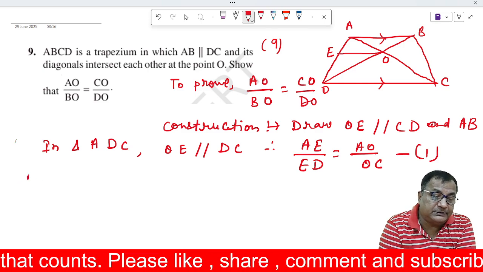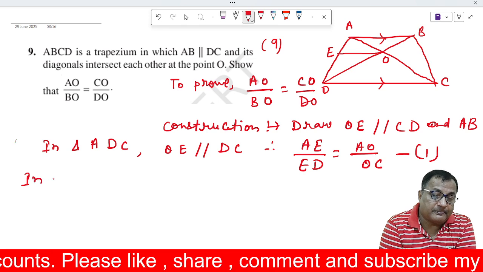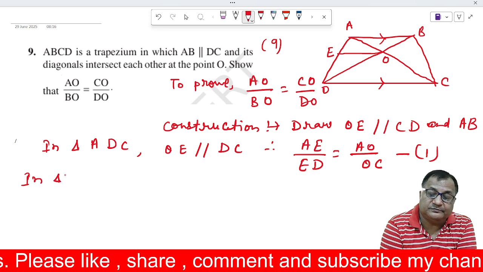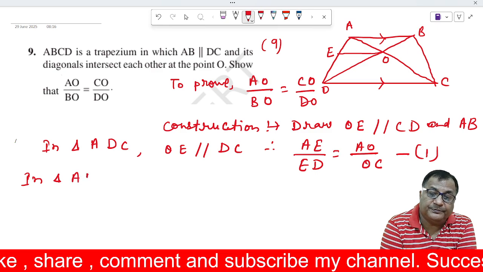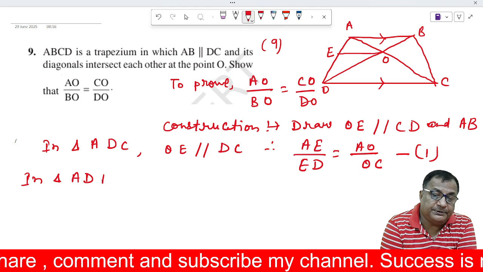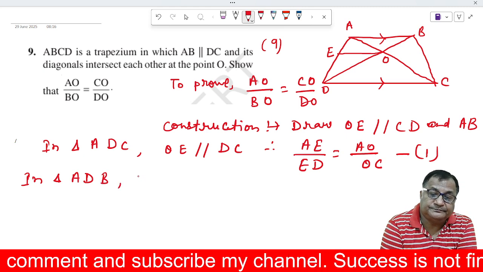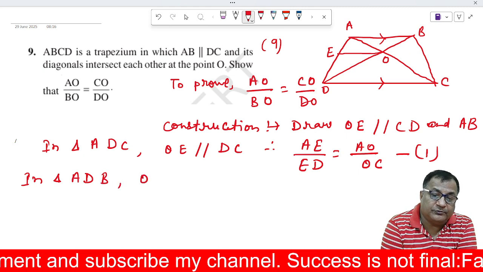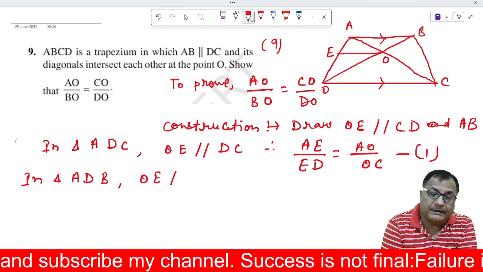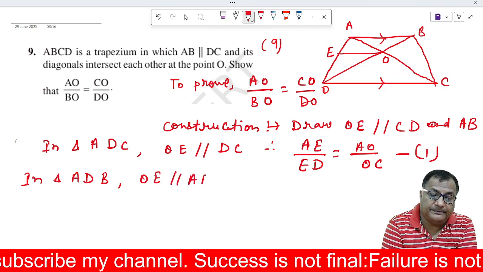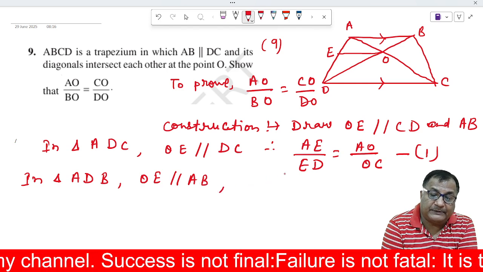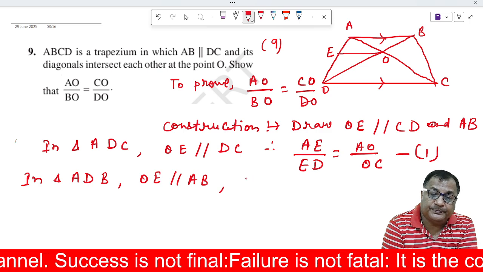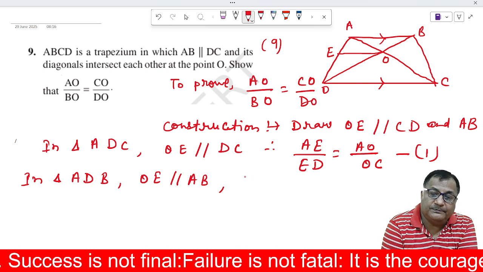Now in triangle ADB, OE is parallel to AB. Therefore, by BPT, this is OE parallel.